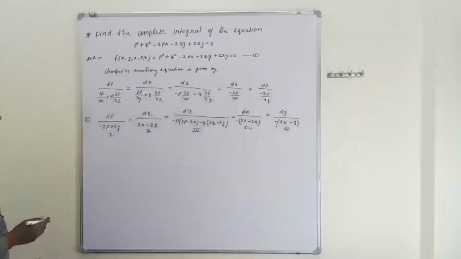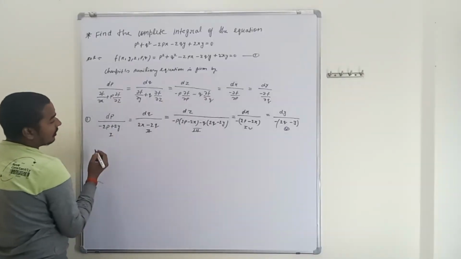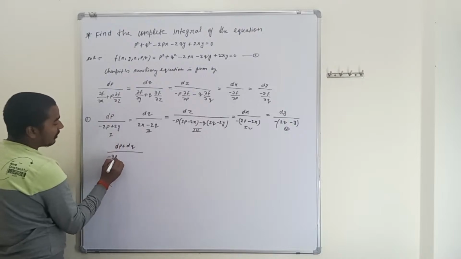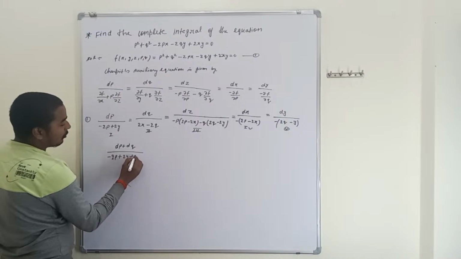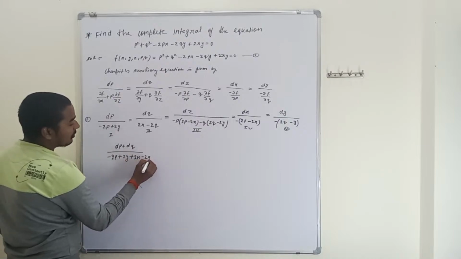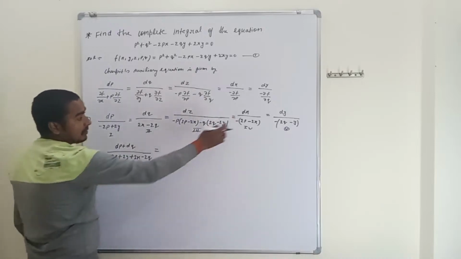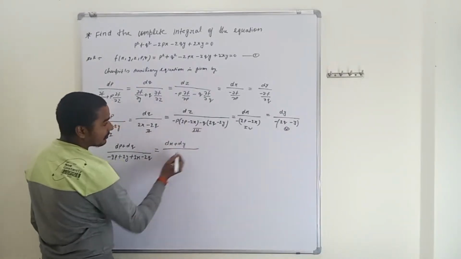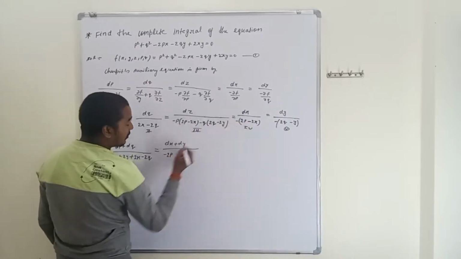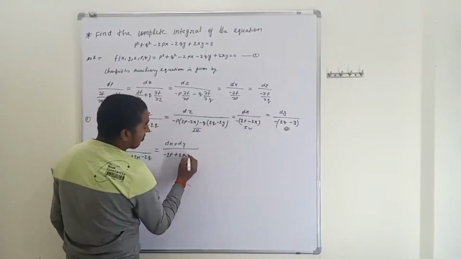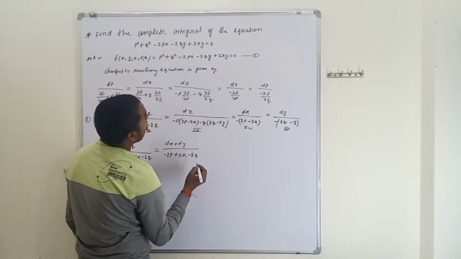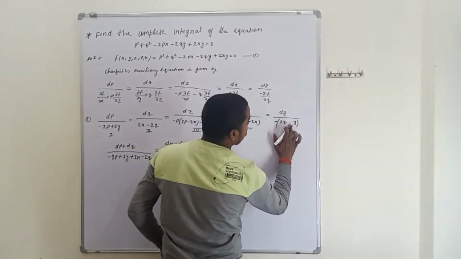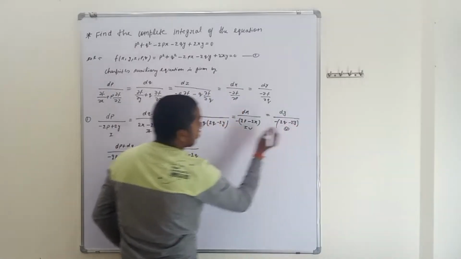We solve by taking the first and second on the left hand side, that is dp plus dq upon minus 2p plus 2y plus 2x minus 2q, equal to taking the fourth and fifth on the right hand side, that is dx upon minus 2p plus 2x, plus dy upon minus 2q plus 2y.